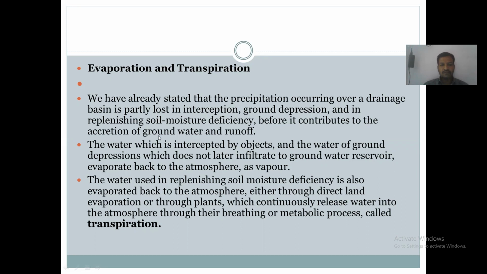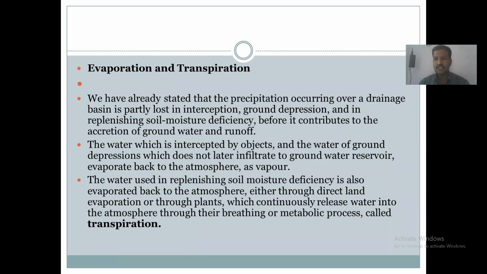During the rainfall, the water which is intercepted by objects and water in the ground depressions does not later infiltrate to the groundwater reservoir. The excess water will flow over the ground surface, and the rest will infiltrate into the ground.